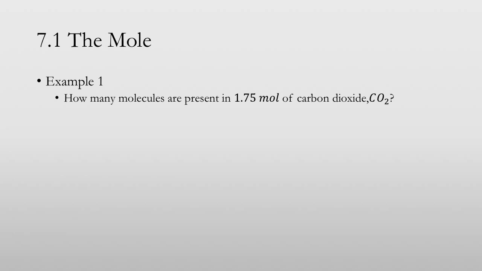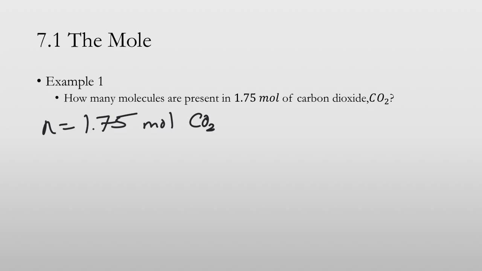Example 1. How many molecules are present in 1.75 moles of carbon dioxide, which is CO2? So in order to do this, we need Avogadro's number. We have 1.75 moles of CO2, so I'm going to write this as n equals 1.75 moles. And you don't write the word of, but when you write it like this, that means 1.75 moles of CO2.